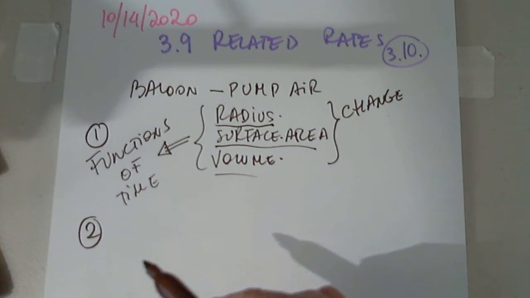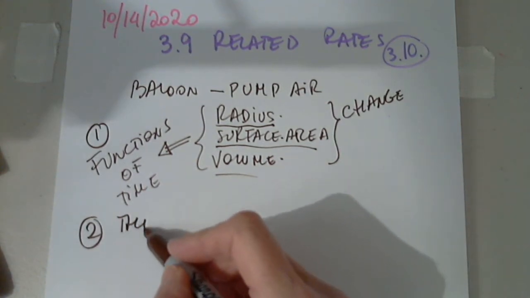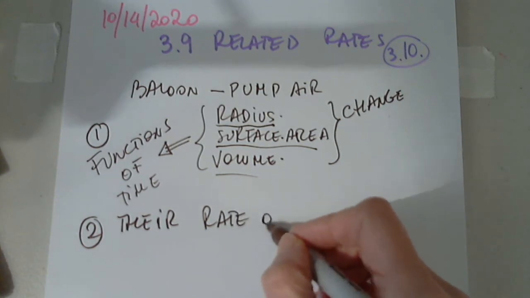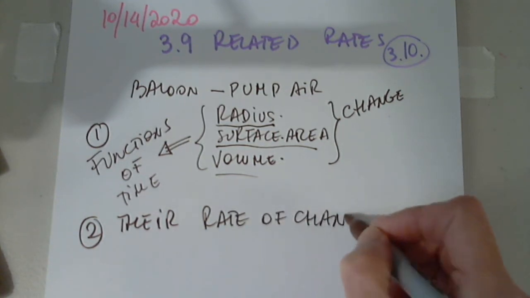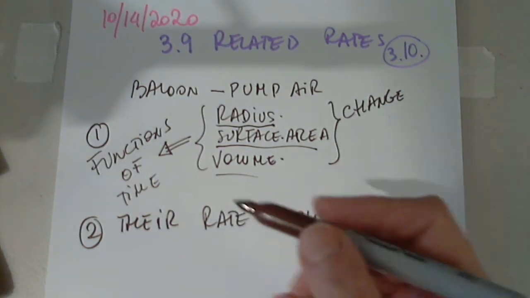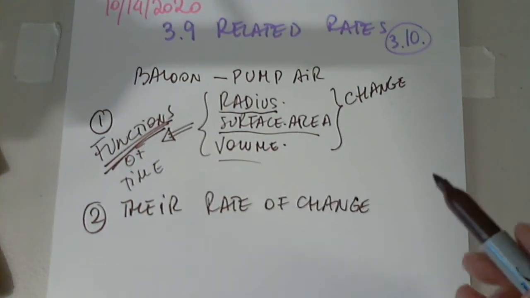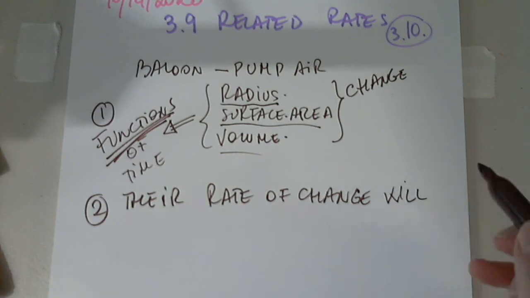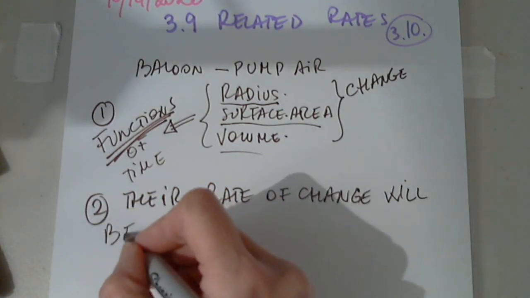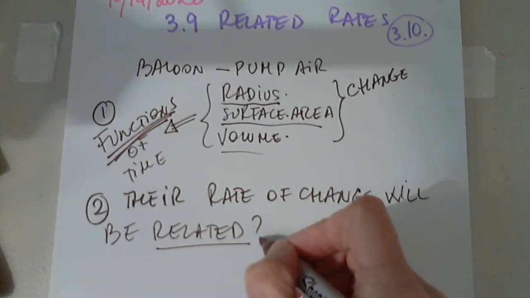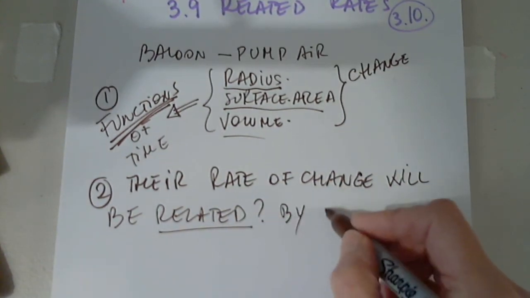Number two that happens, their rate of change. Those functions' rate of change will be related by an equation.